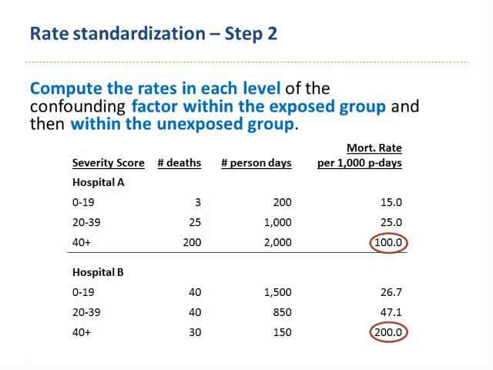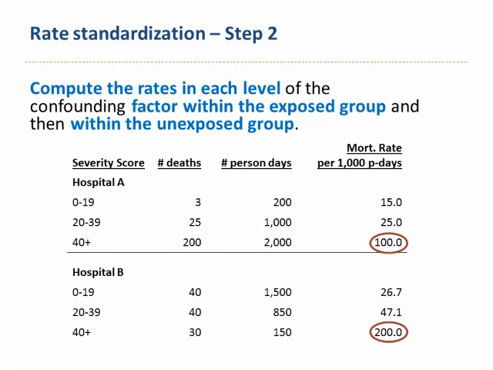In the middle severity score category, we had 25 deaths in 1,000 person days for a rate of 25 per 1,000 person days. And in the highest severity score category, we had 200 deaths in 2,000 person days for a total of 100 per 1,000 person days.